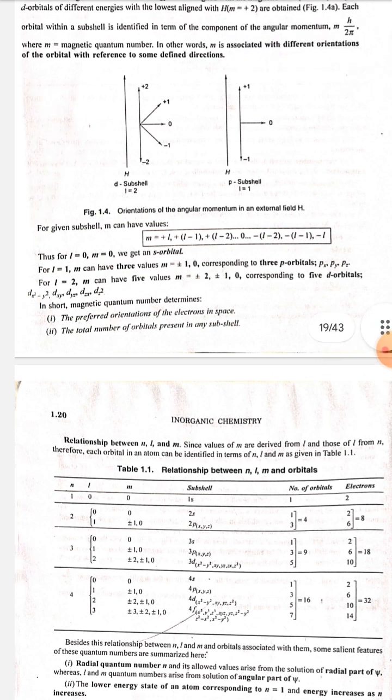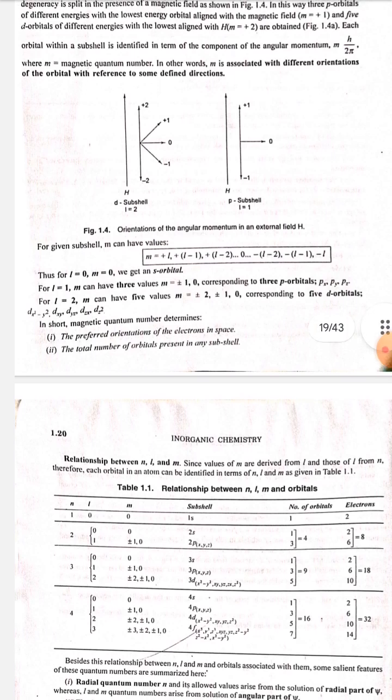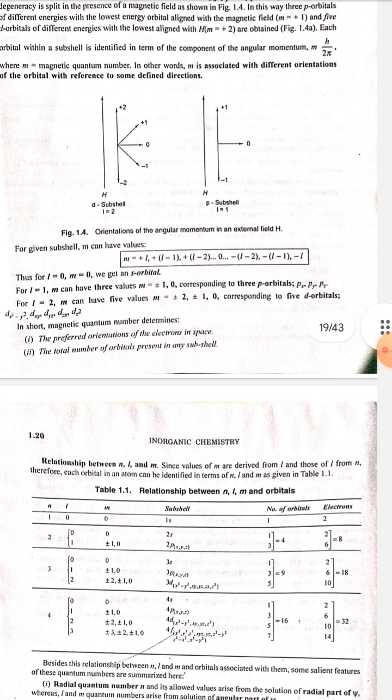For L is equal to 2, m can have 5 values, m is equal to plus 2, plus 1, 0, minus 1, minus 2, corresponding to the 5 d orbitals dx square minus y square, dxy, dyz, dzx, dz square. In short, the magnetic quantum number determines, number 1, the preferred orientation of the electron in space, and number 2, the total number of orbitals present in any subshell.